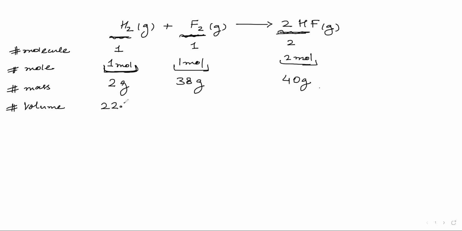Very good. Thank God you corrected your answer. For fluorine, Muhammad Umar, it will be 22.4. And for HF, it would be 44.8. So we will write 2 into 22.4. Just to make it clear, all these will be at STP.